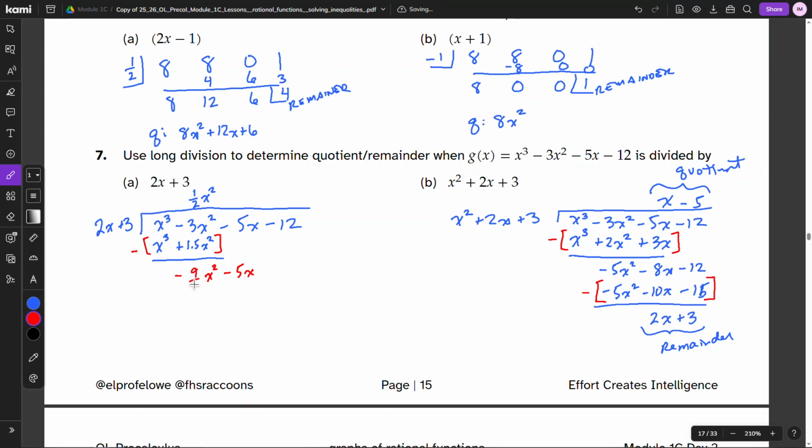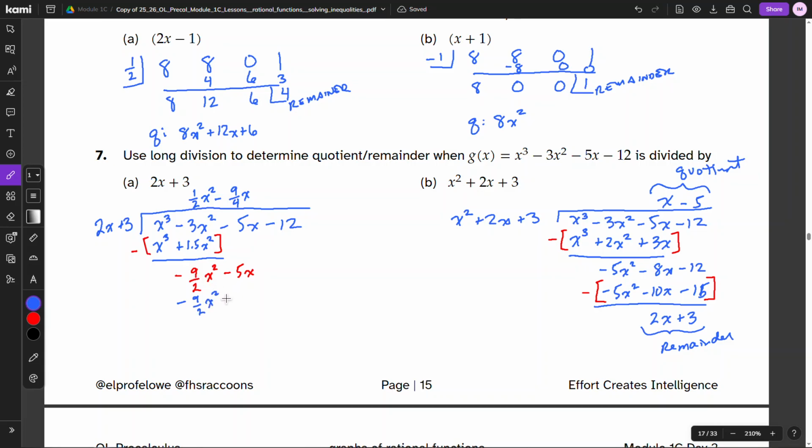So 9 halves. And 2 times what is going to get me negative 9 halves? That's going to be negative 9 fourths. So once again, fractions we have to be careful with, but you do need to be familiar with. So negative 9 fourths x. So negative 9 halves x squared, right?